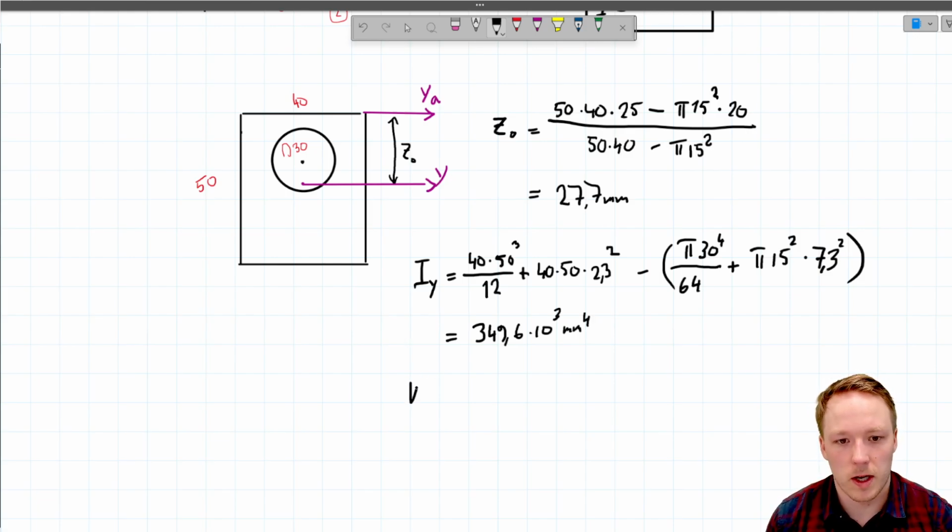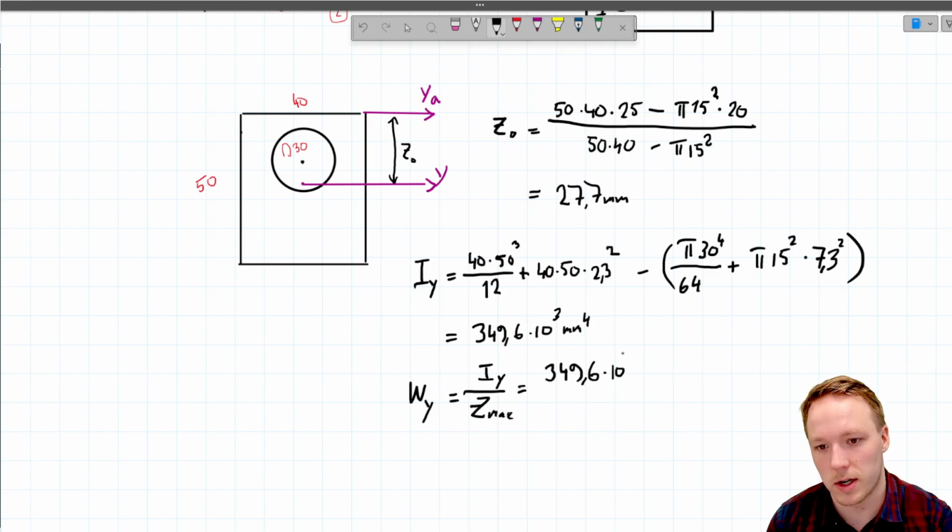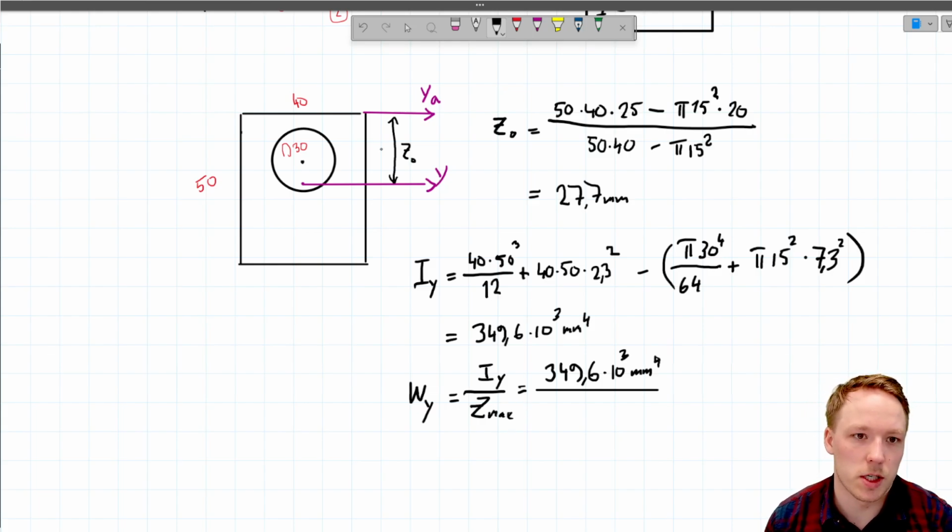From this one, we can very simply solve the section modulus. Section modulus is the Iy divided by Z max, which in this case will be 349.6 times 10 to the power of 3 divided by the Z max, which in this case is 27.7.